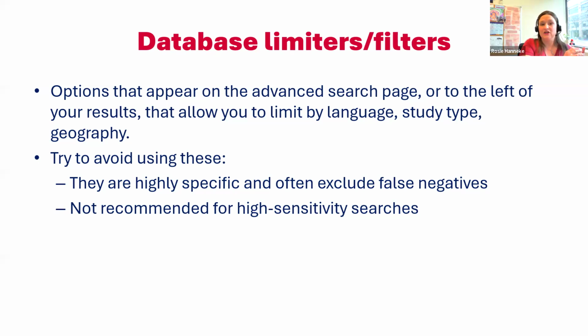They're often going to exclude stuff that you actually want to see. So stuff that is a false negative, if you will, it's going to exclude it, but I wanted to see it. And that's because only the articles that are indexed have those tags on them. You don't have to remember what that means. Just don't use them if you're doing a systematic review search.